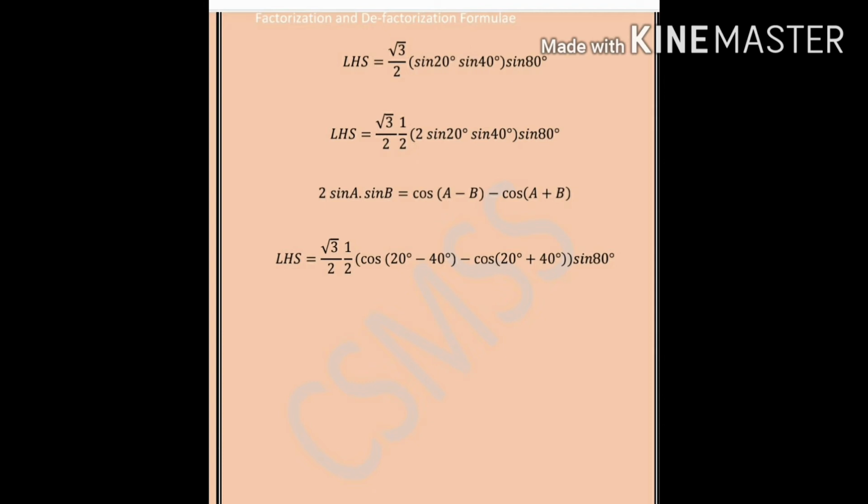And we know that formula 2 sin A into sin B equal to cos of A minus B minus cos of A plus B. And we use this formula, LHS equal to root 3 by 2 into 1 by 2 in bracket cos of 20 minus 40 degree minus cos of 20 plus 40 degree into sin of 80 degree.